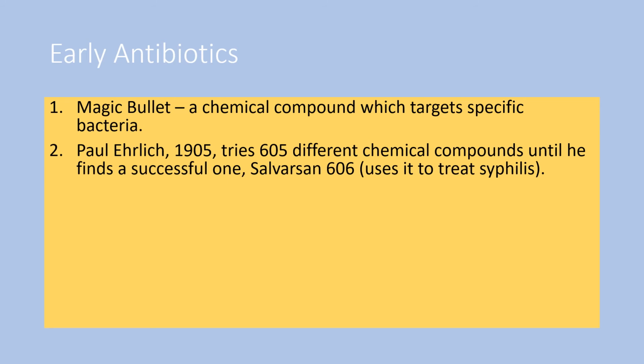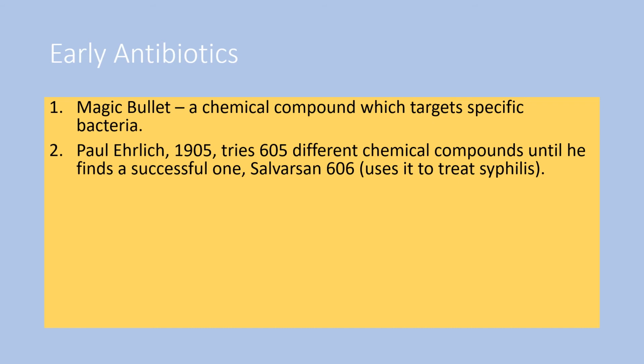An early one that we can reference is in 1905 with a guy called Paul Ehrlich. He is a German scientist who worked under Robert Koch, and he bases a lot of his methodology on being a scientist in Koch's team.